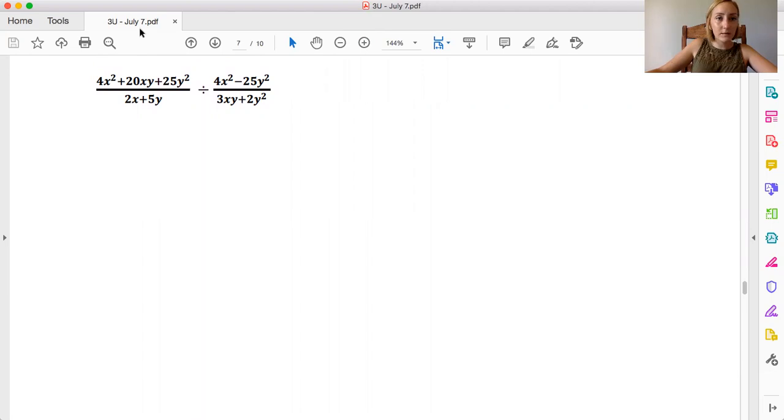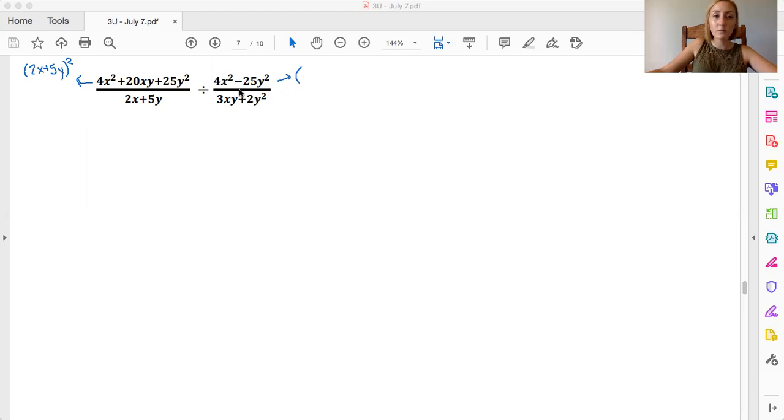So this guy here is a complex trinomial. I'm not going to go through all the steps with you. This one gives you 2x plus 5y to the power of 2. Again, if you don't know, let me know and we can go through it. This one, quite coincidentally, is a difference of squares.